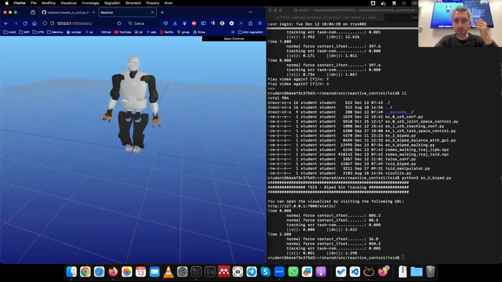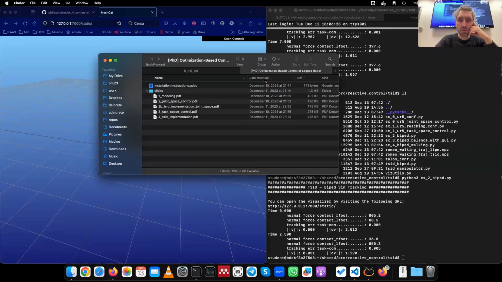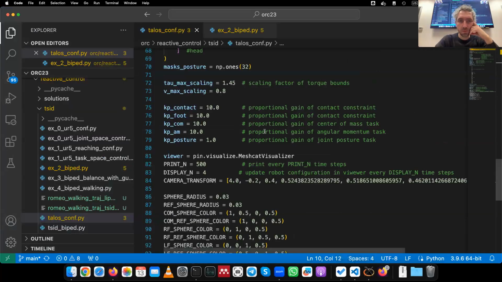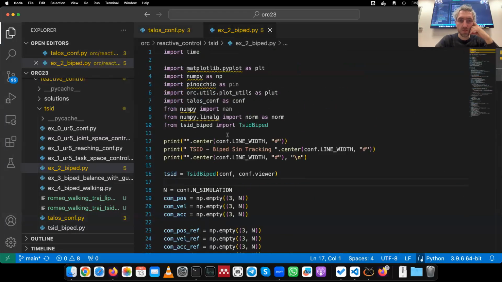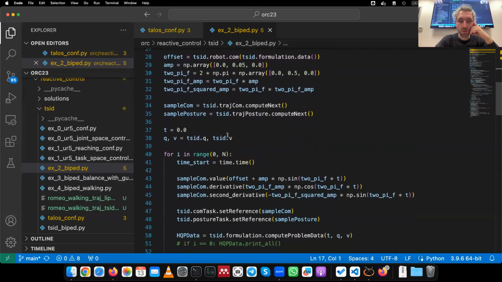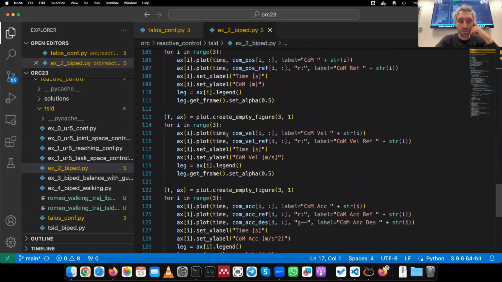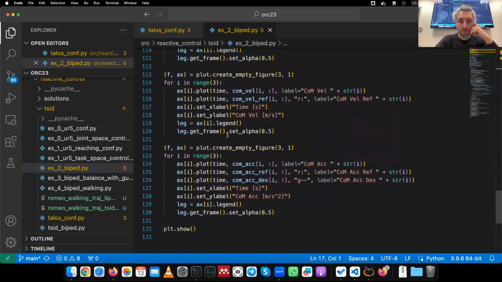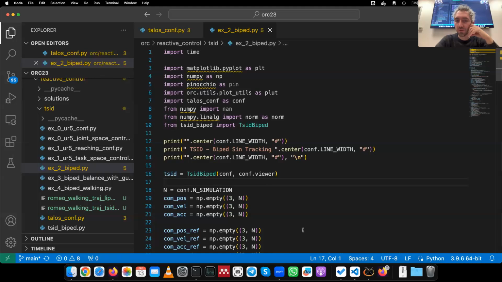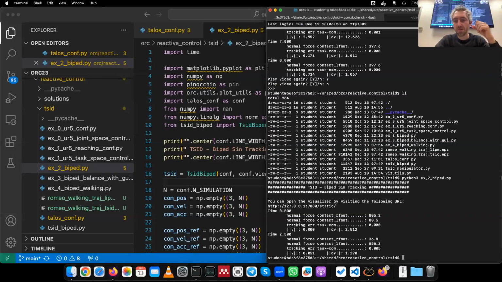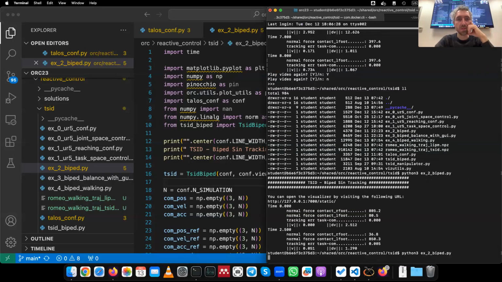I've already run the script, but it doesn't plot anything. That's a bit surprising. Maybe there is a flag we need to enable to show the plots. Maybe it did plot something, but I closed it. It should plot something.